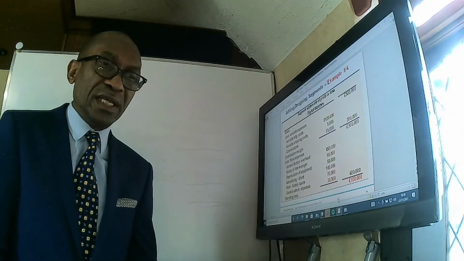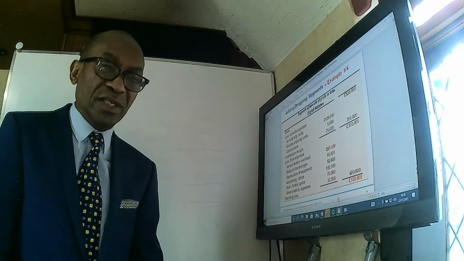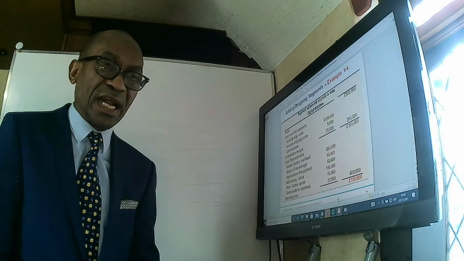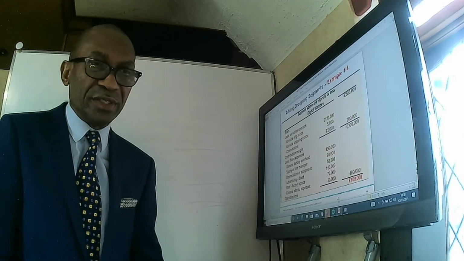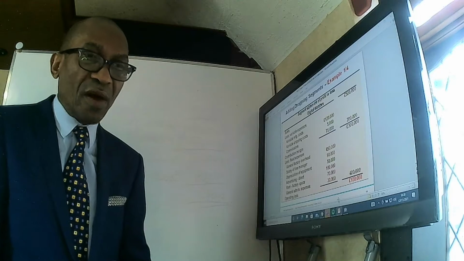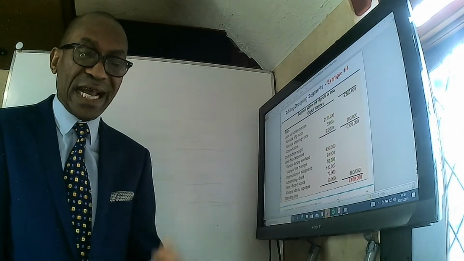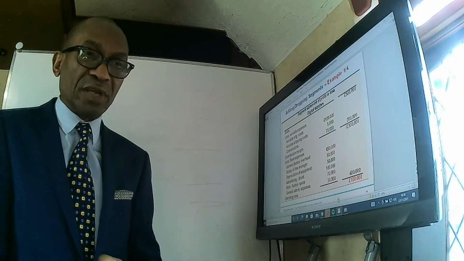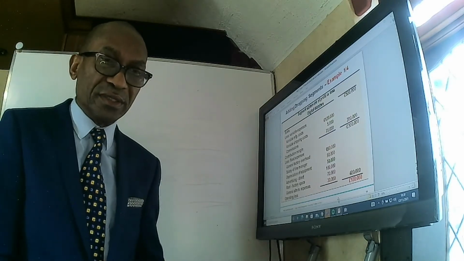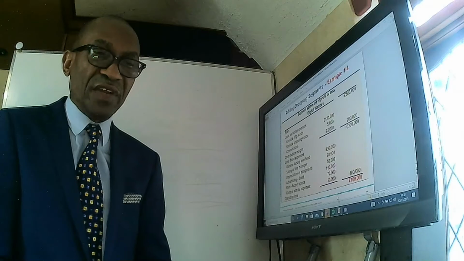Now, the fixed costs are deducted. The first one is general factory overhead of 60,000. Salary of the line manager for this particular segment is 90,000. Depreciation on equipment bought and in use is 50,000.